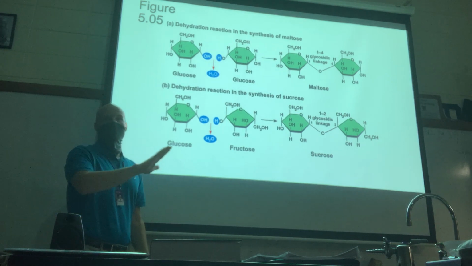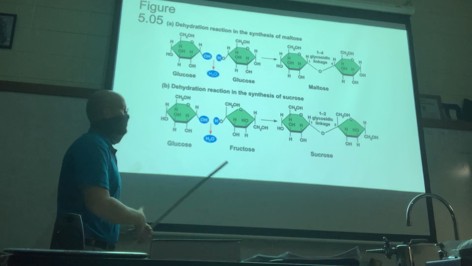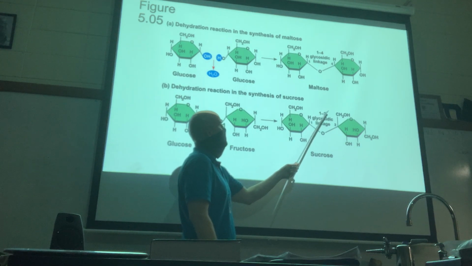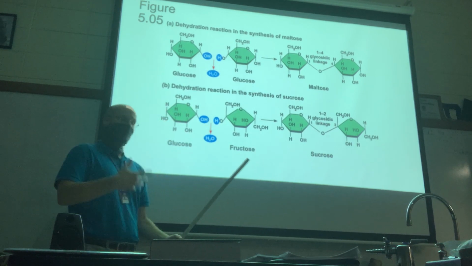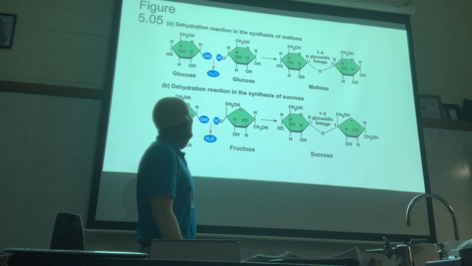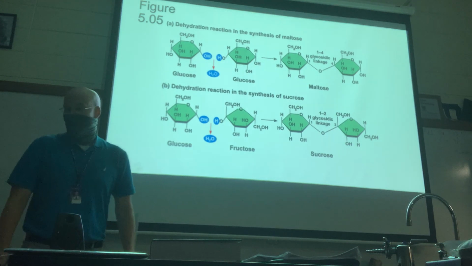That is not something I want you to write down, and I won't ask you about these numbers. But just understanding that they reference carbon atoms in a numbering system that chemists use can make it less scary. Okay.